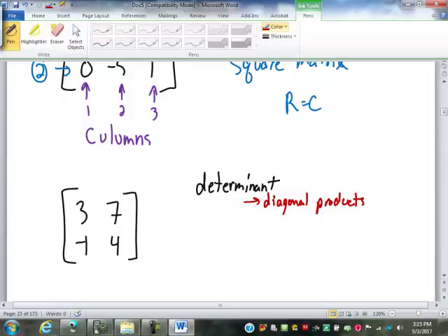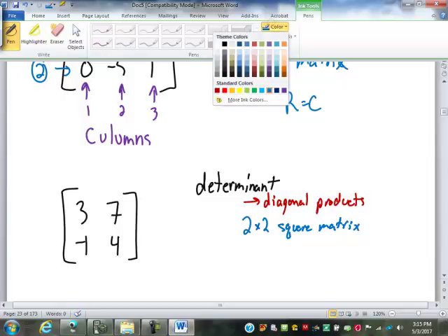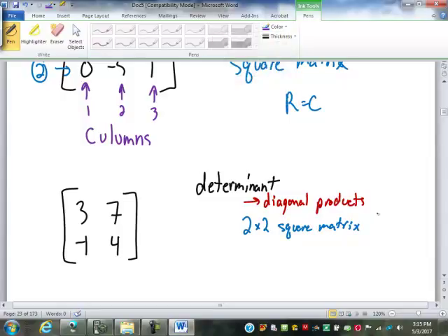In a 2 by 2 square matrix, which is what I have here, we use one down product. The down diagonal product starts in the upper left corner and goes down. 3 times 4 is what? 12.